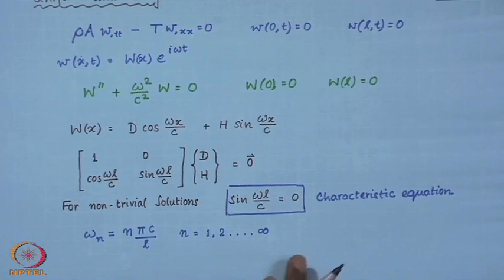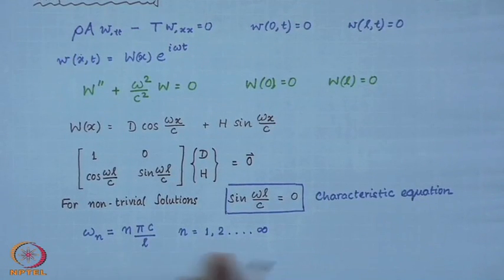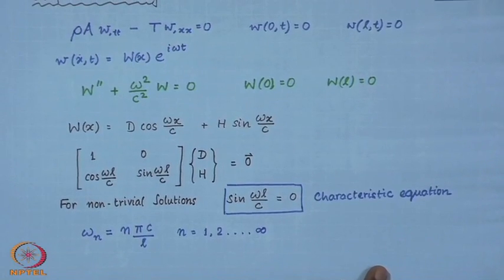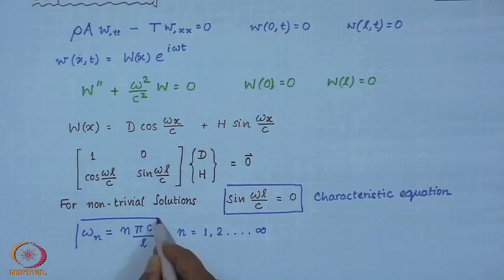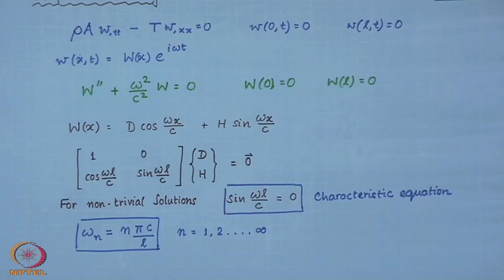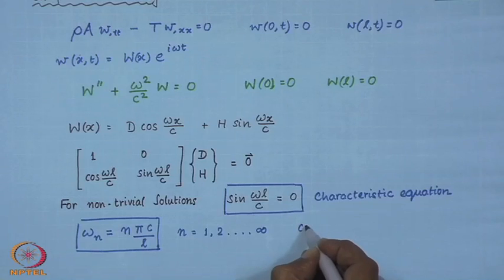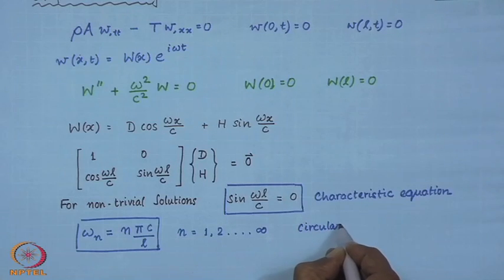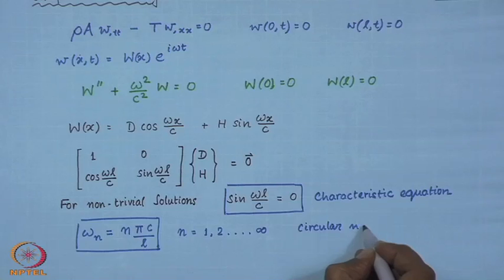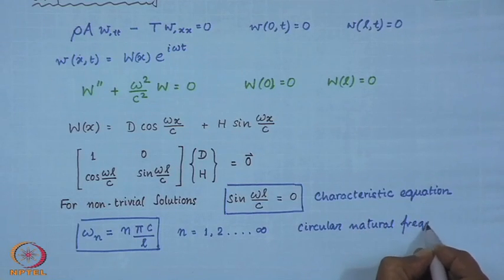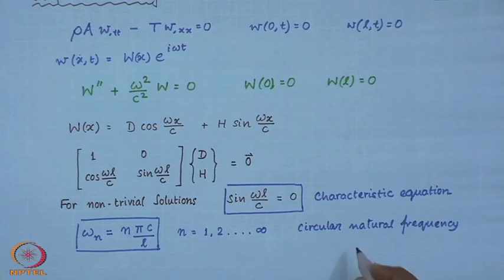So, there are countably infinitely many natural frequencies of a fixed string, which are given by these values. They are called the circular natural frequencies, also sometimes known as the characteristic frequencies.